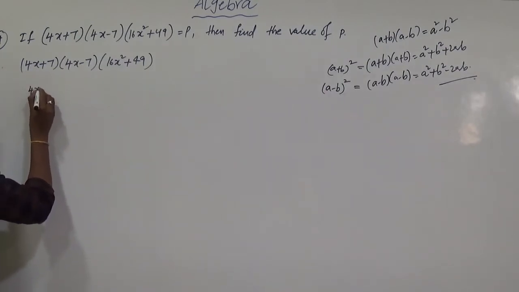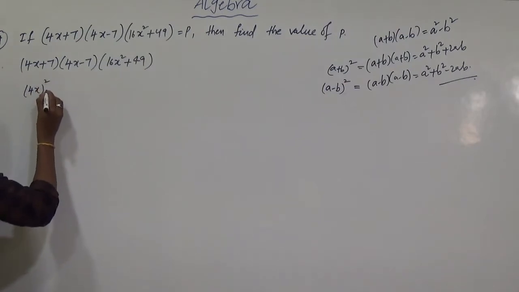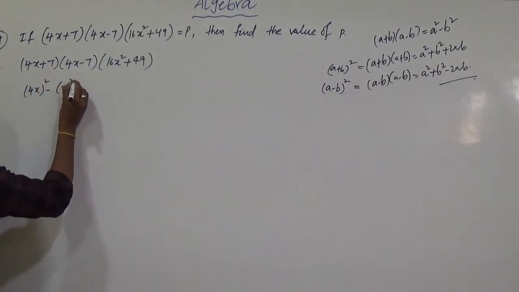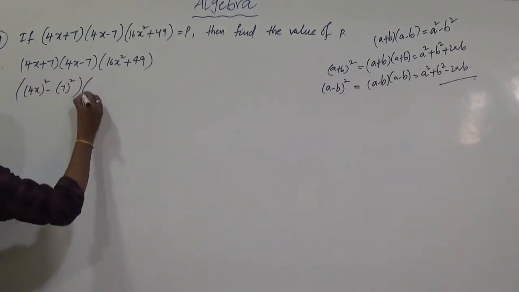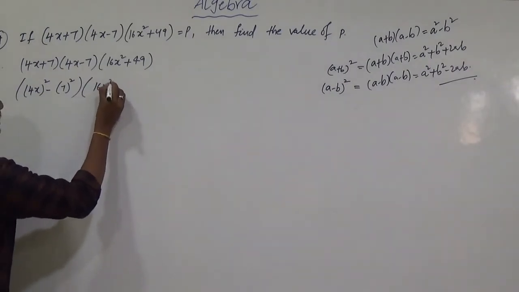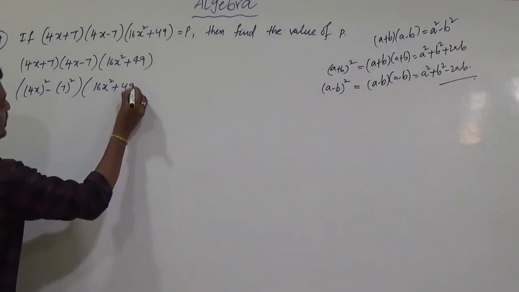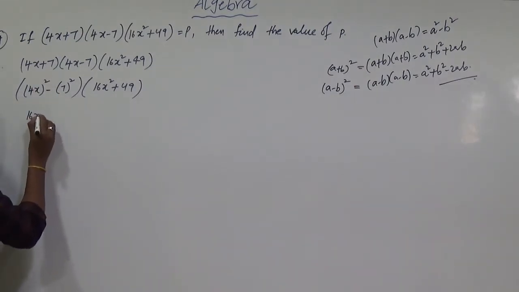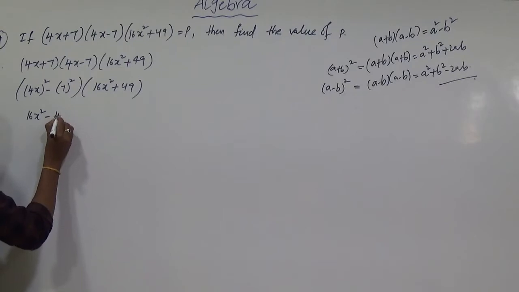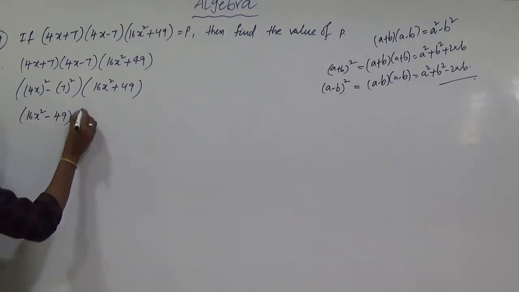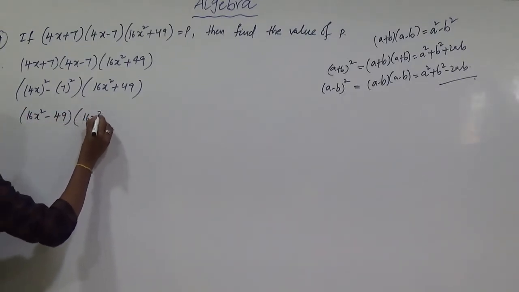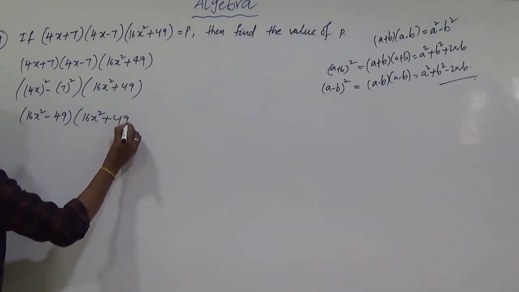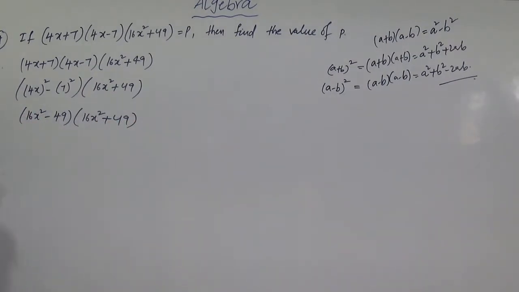So we write 4x whole square minus 7 square. This is the first two terms, and the next term is 16x square plus 49. We can apply this: 4x whole square means 16x square, minus 7 square is 49, into 16x square plus 49. Have you understood this?